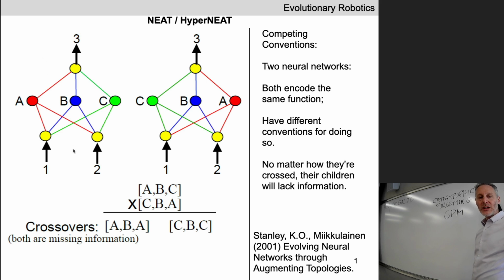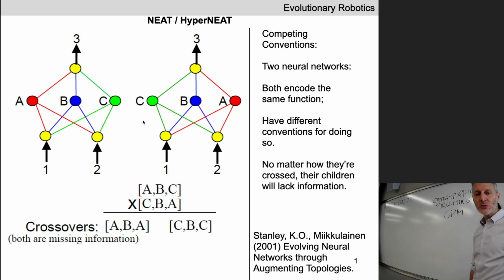If we cut through here and we cut through here, the second offspring gets C from parent 1 and B and C from parent 2 and ends up with C, B, C down here. Also not good. It lost A. This isn't working very well.